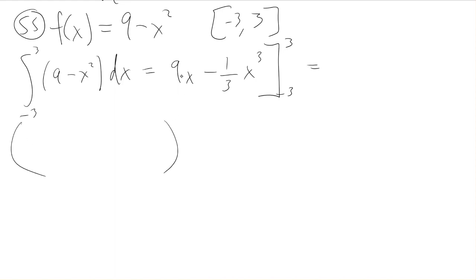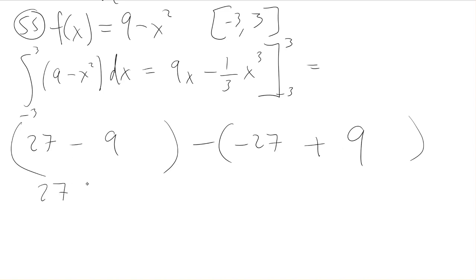One time I'll plug in 3, which would be 27 minus, let's see, 27 divided by 3 would be 9. The next time I'll plug in -3, which would be -27 minus -27 divided by 3, which would be -9. So minus a negative becomes a plus.